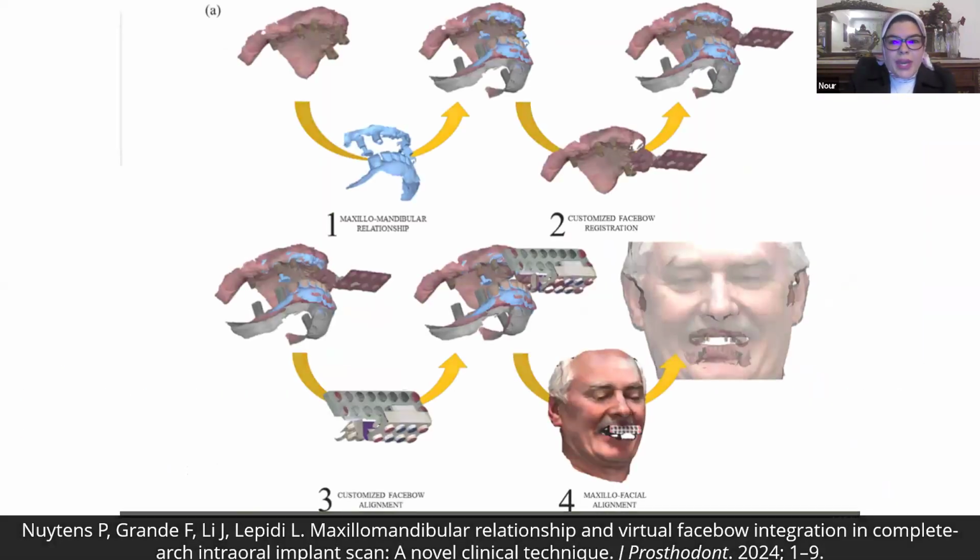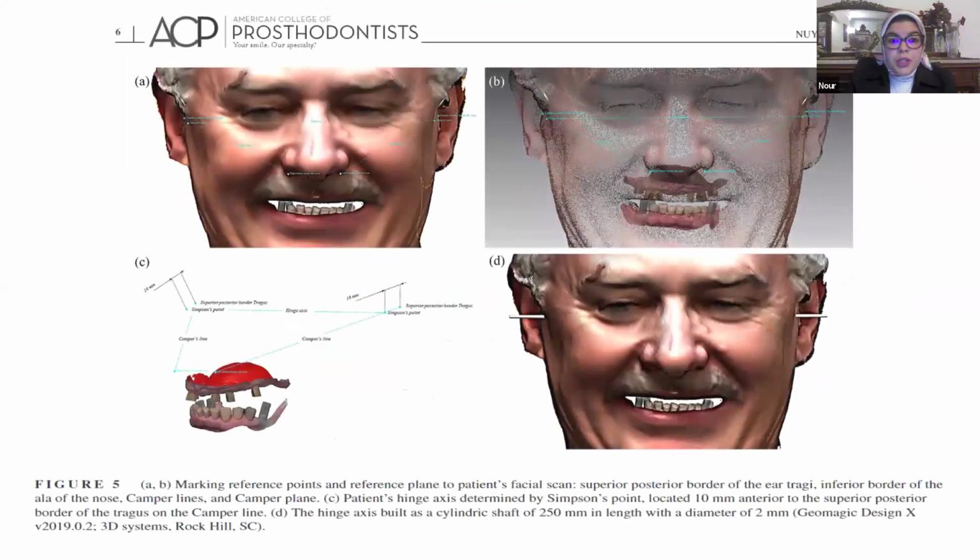This is quite important because in order to orient the virtual face bow, we used to count on a technique by Professor Luca Lipidi, who is a co-author in this paper, which counted on skeletal landmarks.